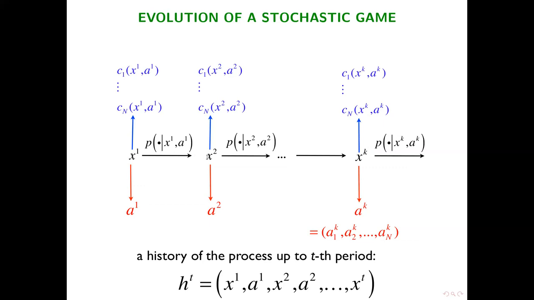In period 2, the process moves to the next state, x_2, according to this transition probability, and the situation repeats. In this way, we obtain a history of the process up to the T-th period. If the game is in period T, then we have the history of the process that includes the states up to the state x_T and all action profiles chosen by the players in the previous states.